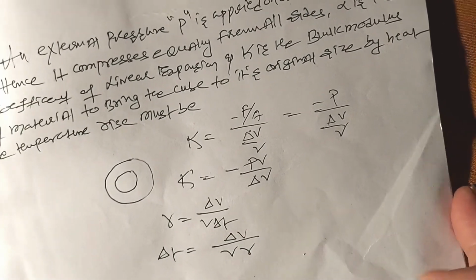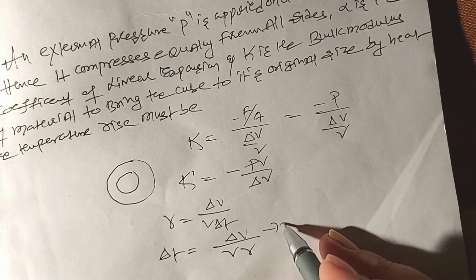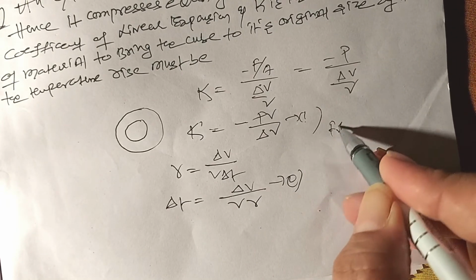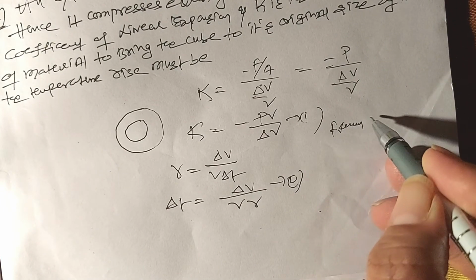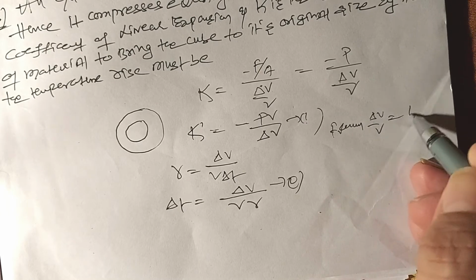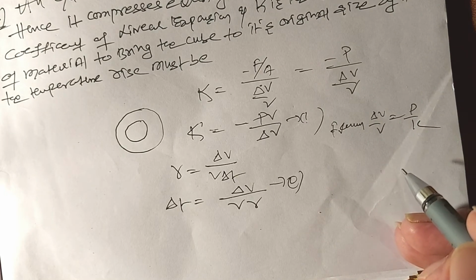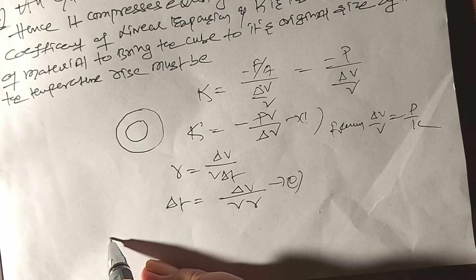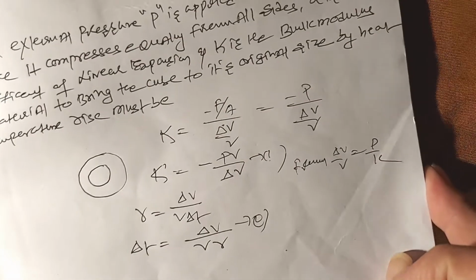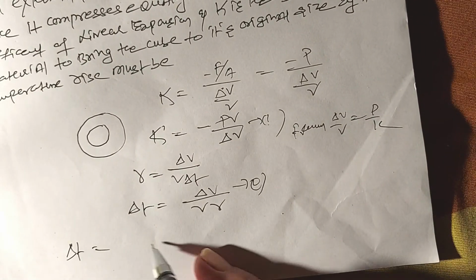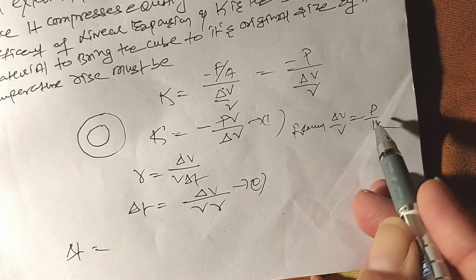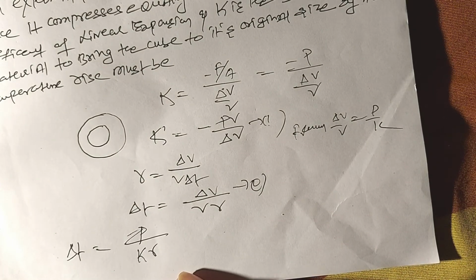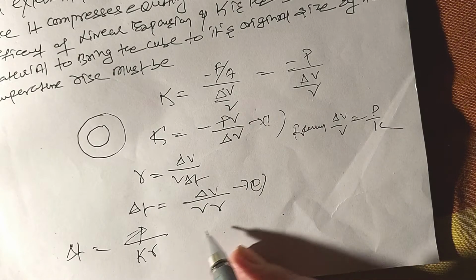So here this is equation 2 and this is equation 1, right? From 1, we write delta V by V is equal to P by K. So here delta T is equal to delta V by V is equal to P by K into gamma.